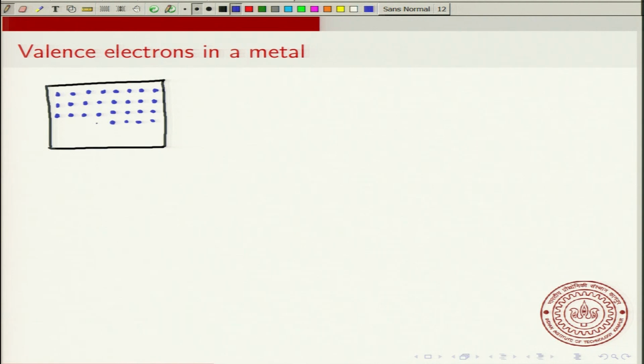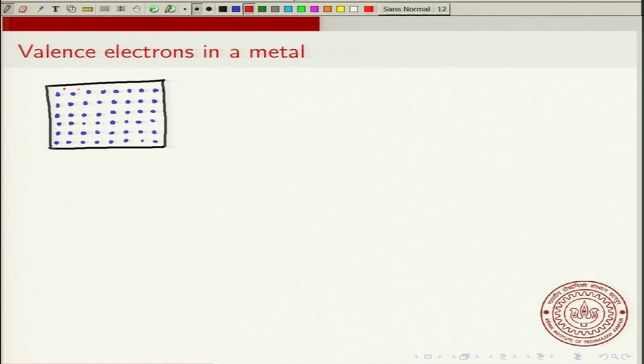I am just showing some schematic picture where there are several atoms, and each atom I am showing in blue. Now the basic idea here is that in a typical metal, some of the valence electrons of each of these atoms will leave the parent atom and freely move in the crystal.